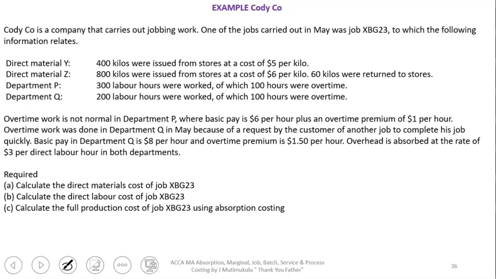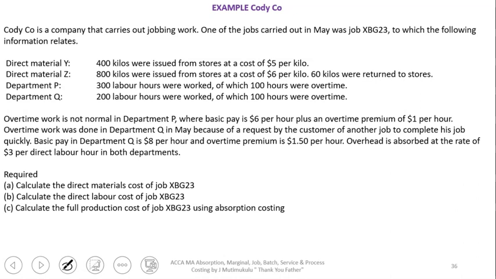Department P: 300 labor hours were worked, of which 100 were overtime. Department Q: 200 labor hours were worked, of which 100 were overtime. Overtime work is not normal in Department P, where basic pay is $6 per hour plus an overtime premium of $1 per hour.